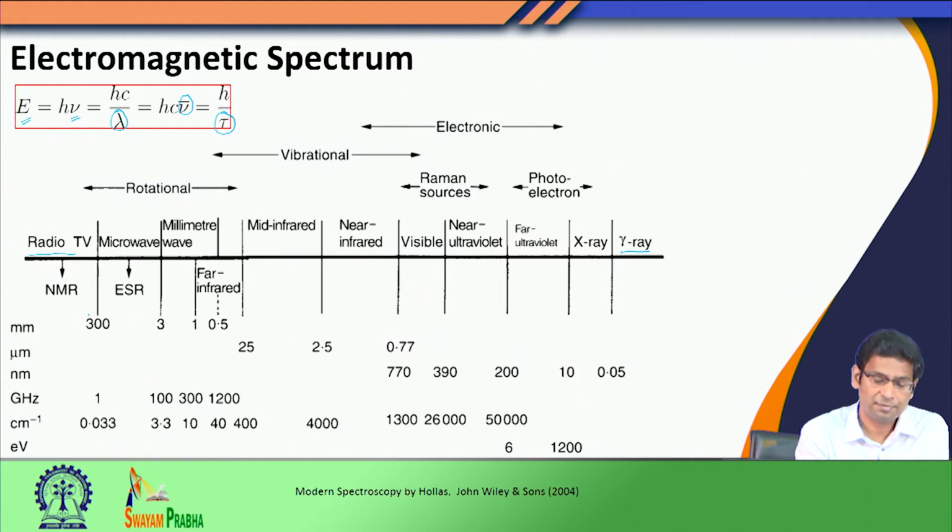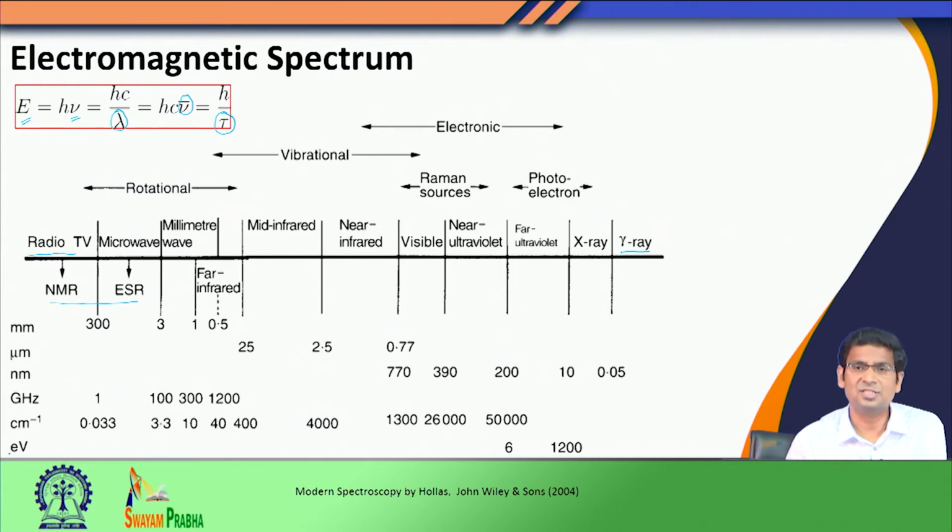So what kind of levels satisfy that criterion? Of course, the spin states, either through the nuclear spin or through the electron spin. The spectroscopic techniques that probe these states are NMR or ESR, and in NMR or ESR you use this low energy radiation.